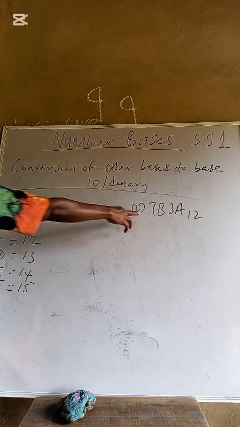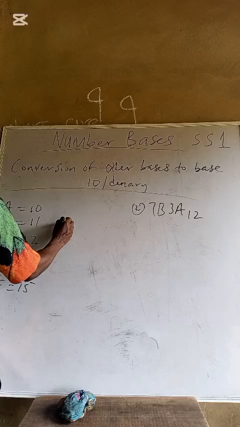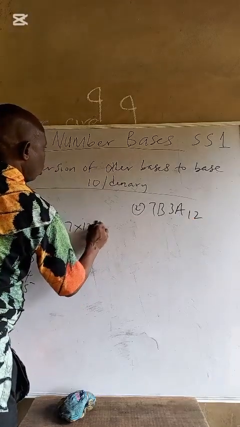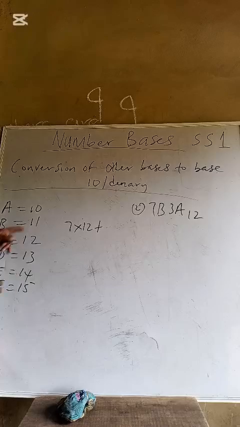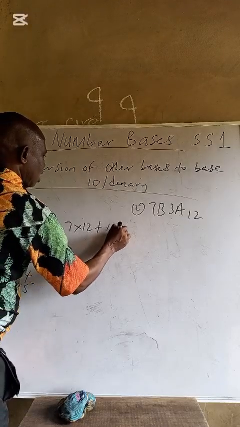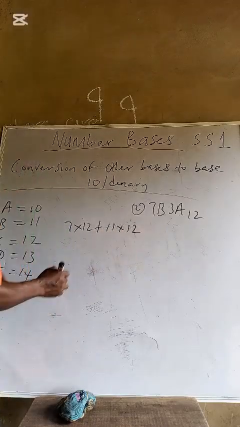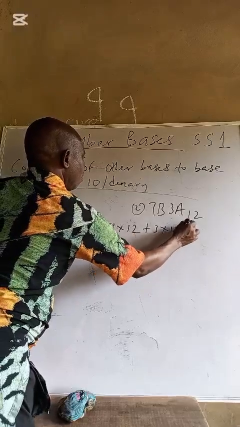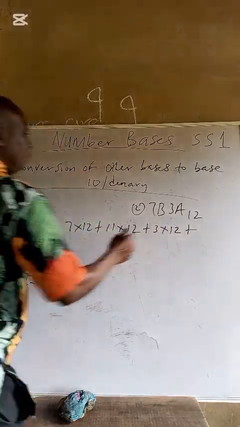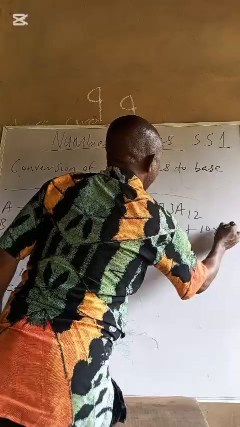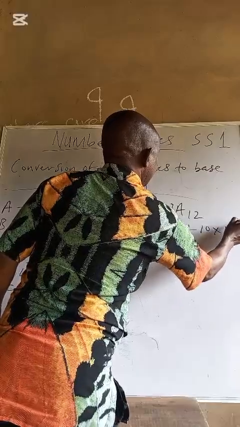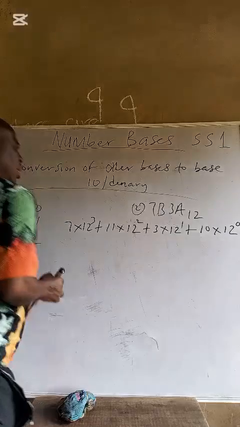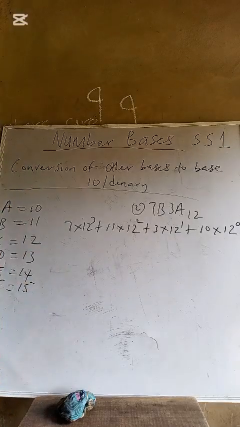So now we take 7 times our base, which is 12, plus B. What's our B here? 11 times 12, plus 3 times 12. What's our A? 10 multiplied by 12. This is power 0, 1, 2, 3. I think you can see the way it's written.